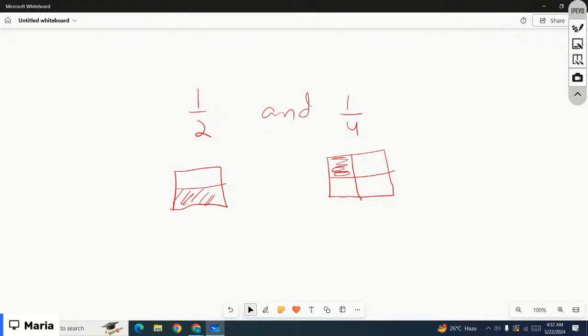So the one that has the more portion colored is the greater one, and the one with less portion colored is the smaller one, right?